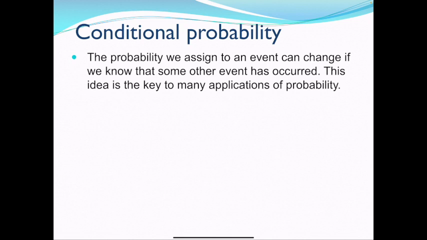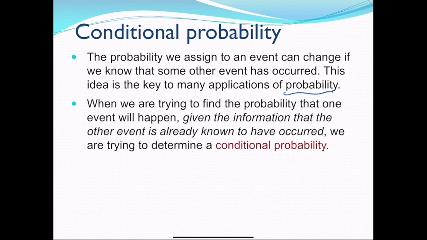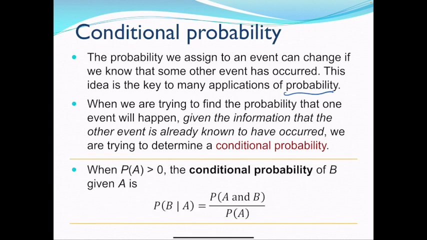So this idea is key to many applications of probability. When we are trying to find the probability that one event will happen, given the information that the other event is already known to have occurred, we are trying to determine a conditional probability. So if I have an event A whose probability isn't zero, the conditional probability of B given A, that's what this means, B given A, is the probability of A and B divided by the probability of A.